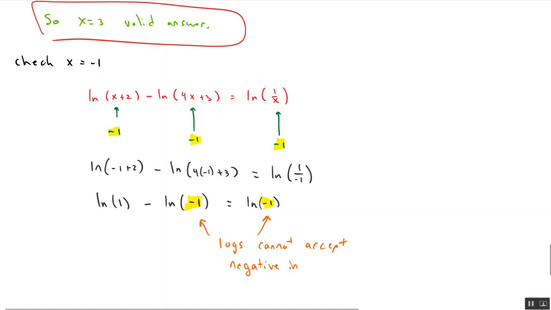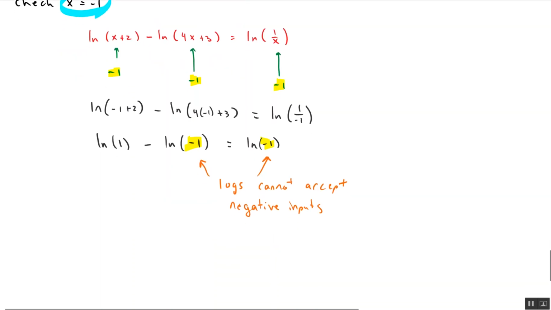So we've chosen a value, x equals -1, as our solution, and when we plug it into our log, we get a number that is not in the domain of our function.